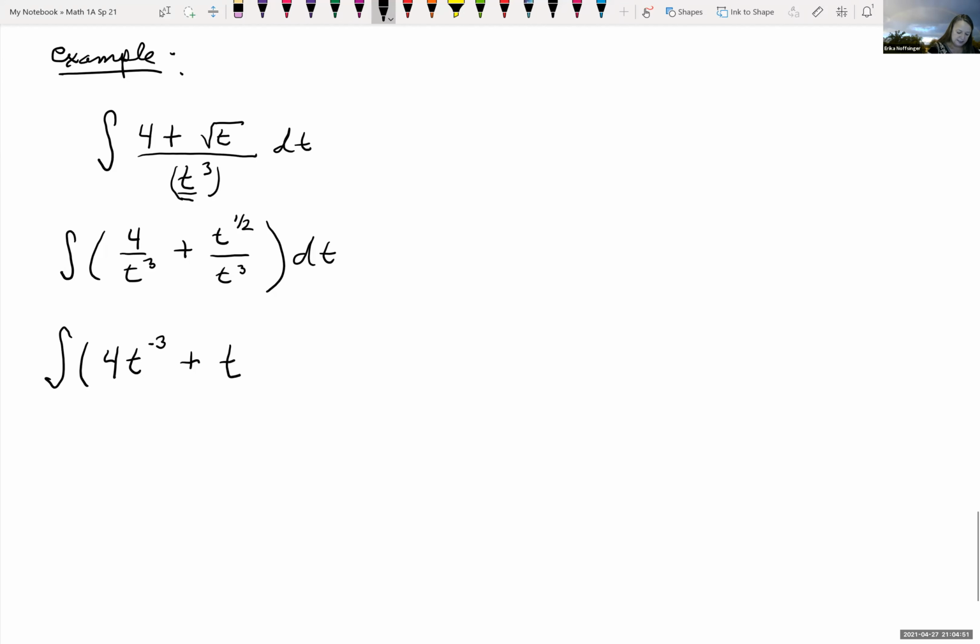So this will be t to the 1/2 minus 3, which I know I'm going to need the common denominator, 2/2, dt. So I'm integrating 4t to the -3rd plus t raised to the 1/2 minus 6/2 is -5/2 dt.